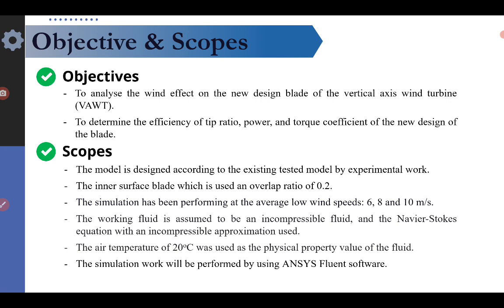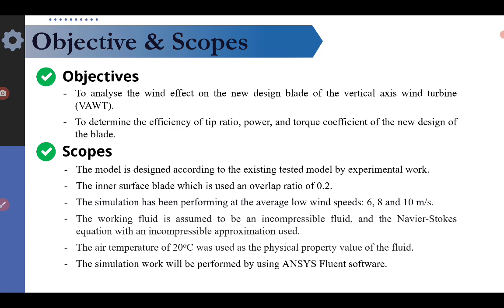The objective of my study is to analyze the wind effect on the new design blade of the vertical axis wind turbine, and to determine the efficiency of the tip speed ratio, power and torque coefficient of the new design of the blade. The scope of my research is that the model is designed according to the existing testing model from experimental work.